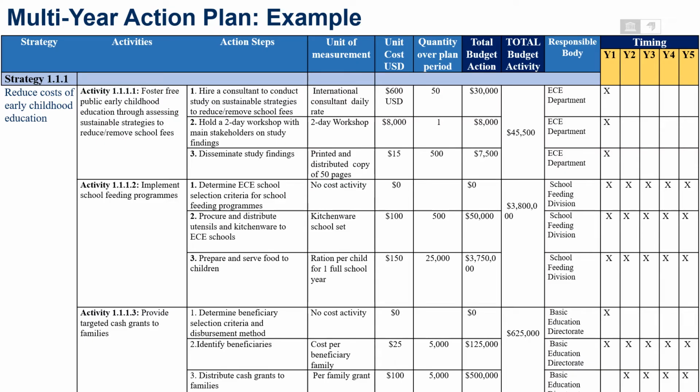Here is an example of a basic multi-year action plan for our ECE priority program. As you can see, it includes more detailed action steps for each of our activities, along with costing information, the body responsible for implementation, and timing over the 5 years of the plan. We will now look at how to fill it in together, step by step.